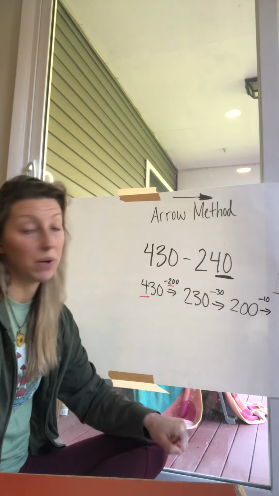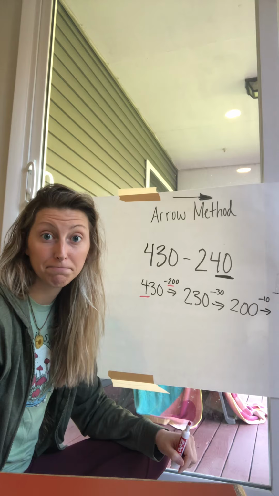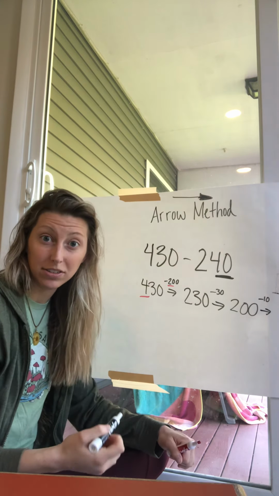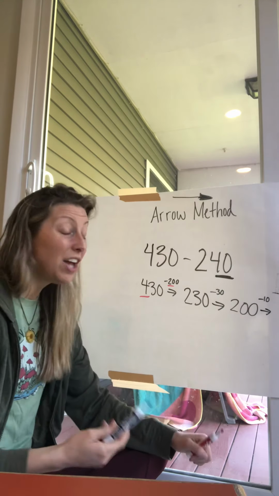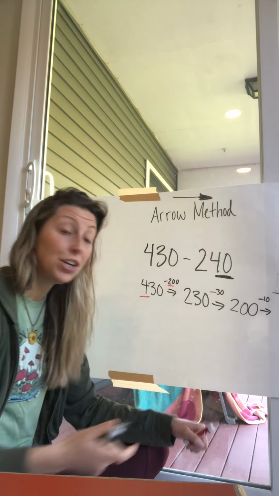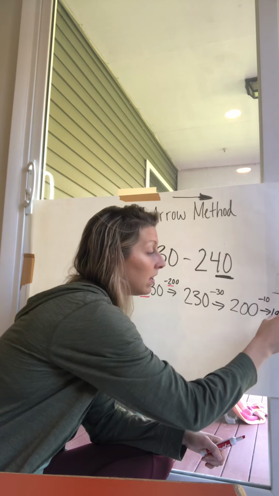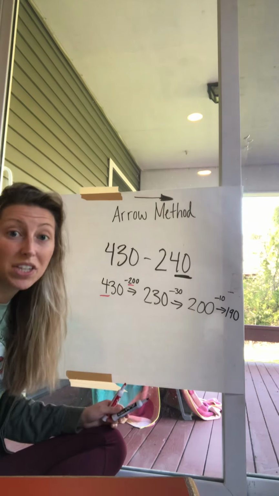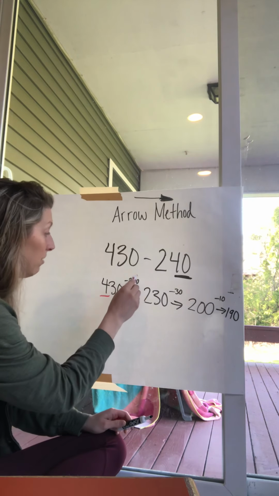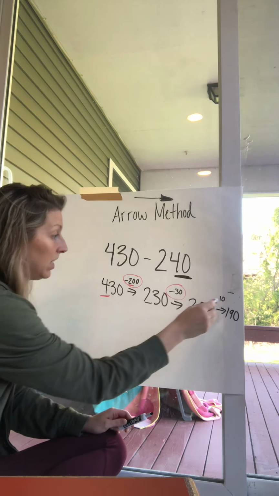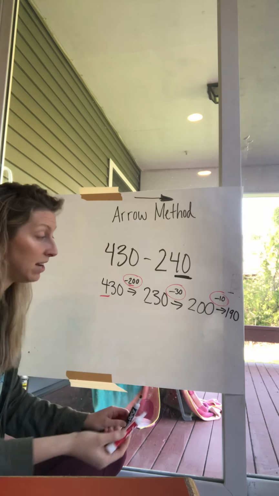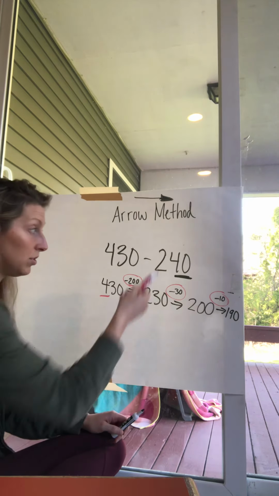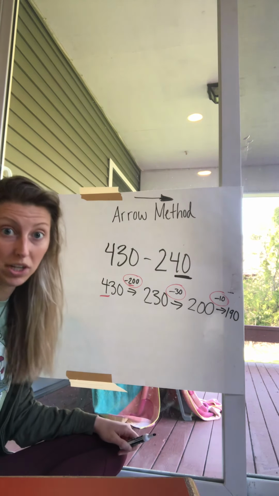Well, what's 200 take away 10? Now you might have to count back by 10 to get your answer. So you've got 200, you take away 10, it's going to be 190. Okay, 190. And you can double check your work by, we have 200, 30, and 10. So you know that 30 and 10 make 40, and 40 and 200 take away 240, okay?